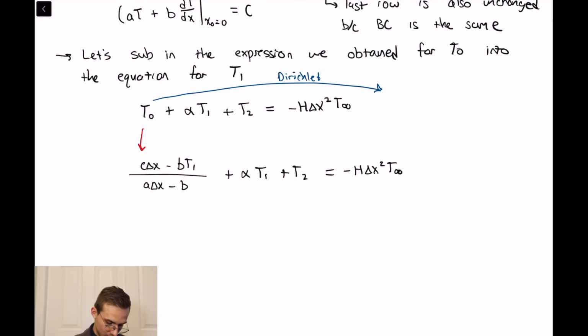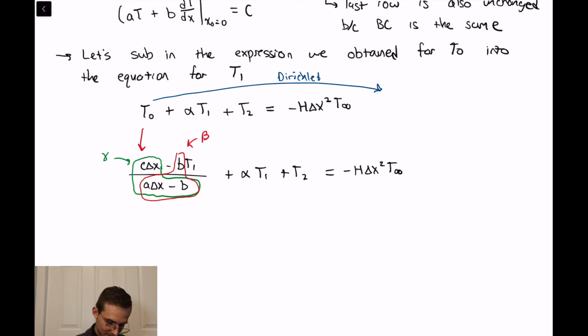What I'm circling here in green, we're going to call gamma. And what I'm circling in red, the b divided by that denominator, we're going to call beta.